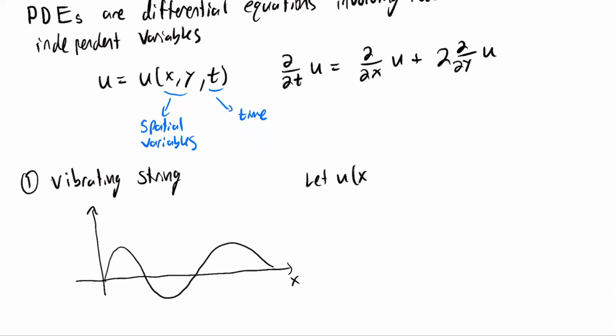It's going to be a function of x, where x is the point on the x-axis, and also a function of t. And this function is going to be the displacement from the x-axis at time t and point x.